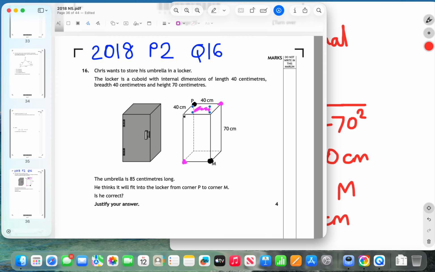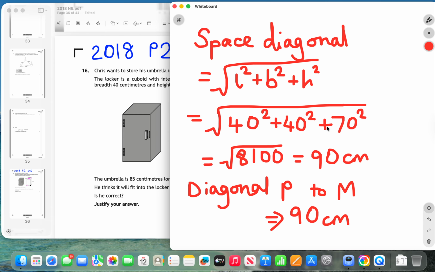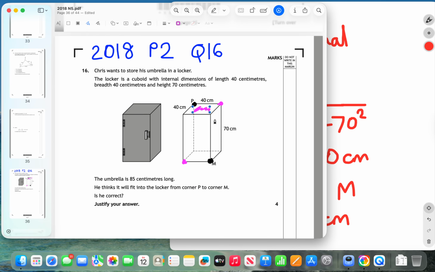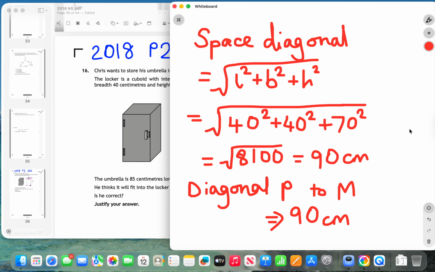So you would find that, and then you would adapt it to the three dimensions, but that method is more confusing. The easiest way to do it is just to use this formula, which you can learn.